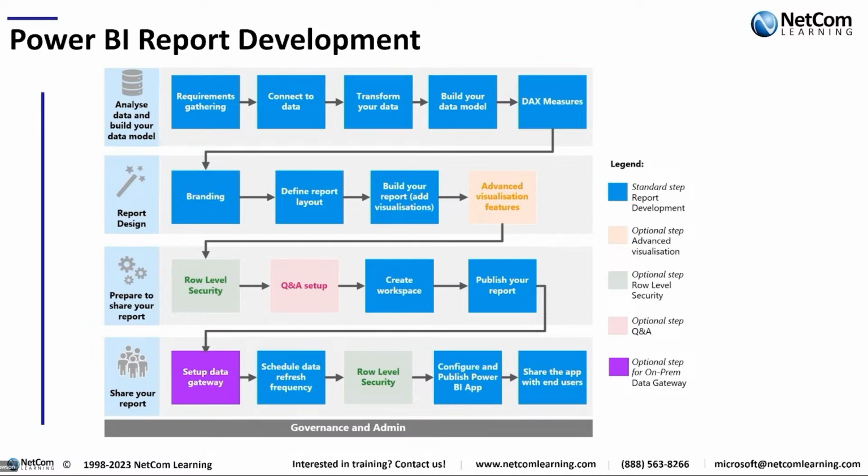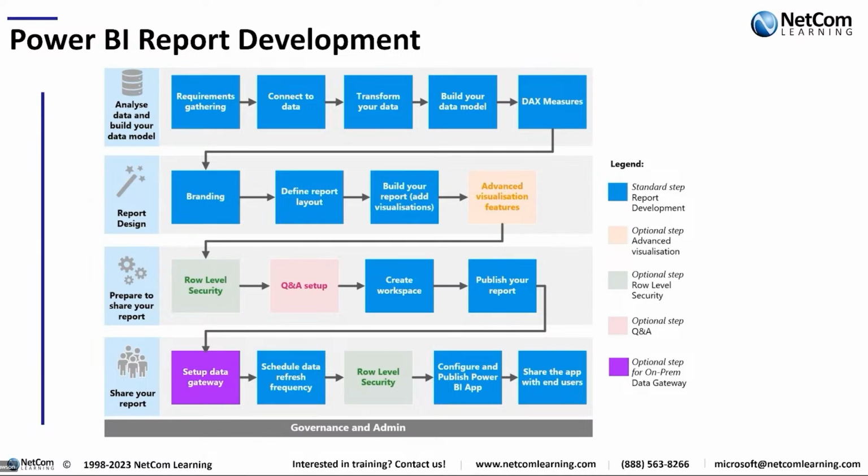The first layer is the actual analysis, building, and collection of data for your data model. Here we're going to do 4 different types of things in this collection of information. First of all, we're going to specify what the requirements are for the data that we need.